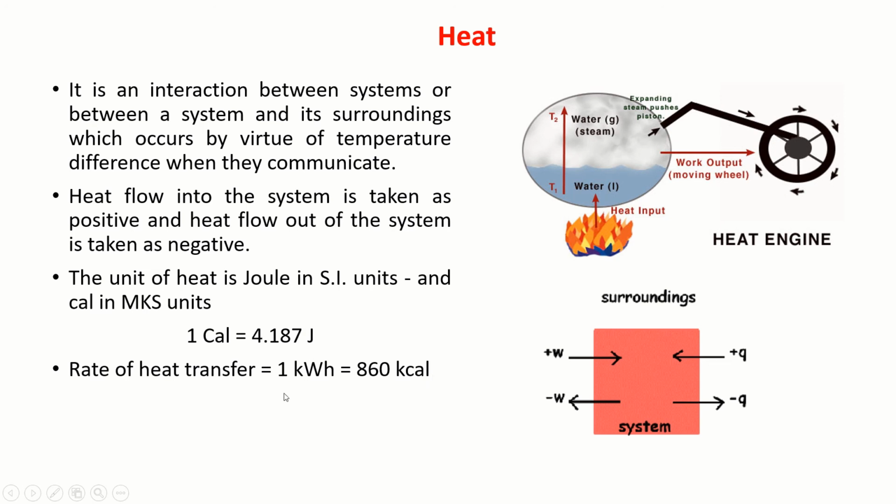This kind of conversion I have shown in the beginning of this course, so you can look at that. The whole thing you have to understand is that heat is a boundary phenomenon. Boundary is an interaction. Heat will flow from the high temperature region to the low temperature region.